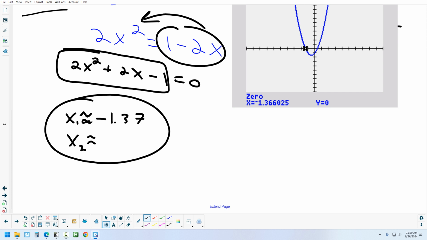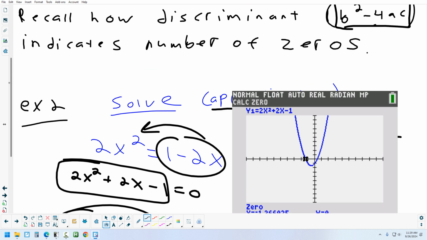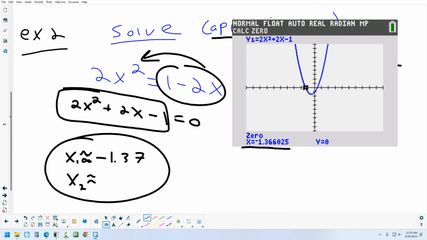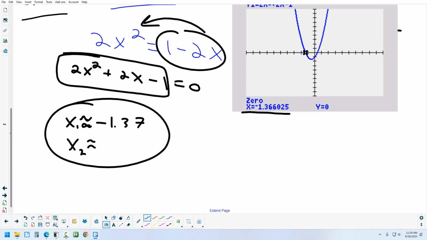Okay, it's approximately negative 1.37. Even if you wrote down all these decimals, that's still not the exact answer. Okay? The exact answer has an infinite amount of decimals to it. It never stops. So the only way to get the exact answer is you would need to do the quadratic formula. Okay? But in this problem, an approximate answer is okay because that's what the directions said.